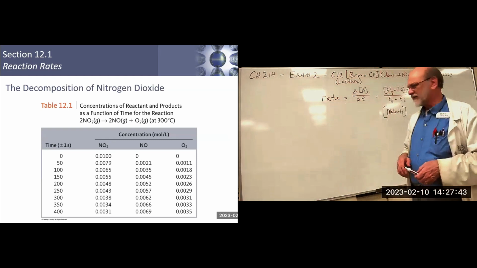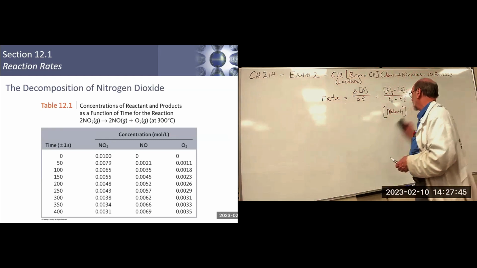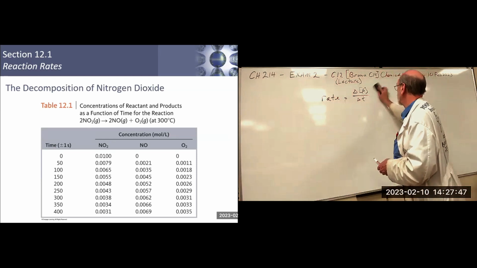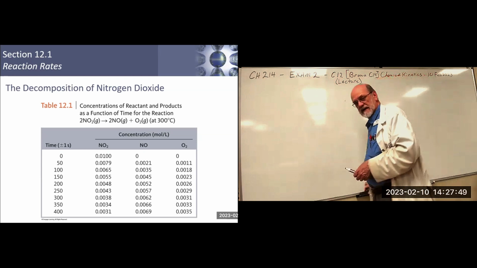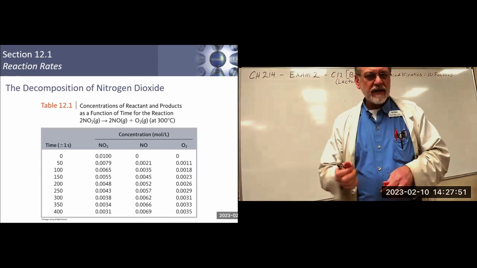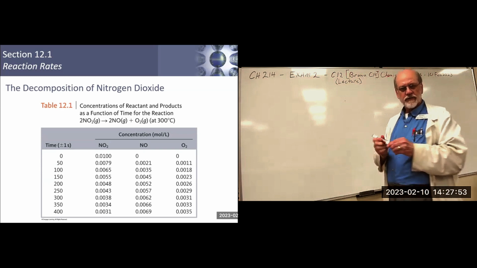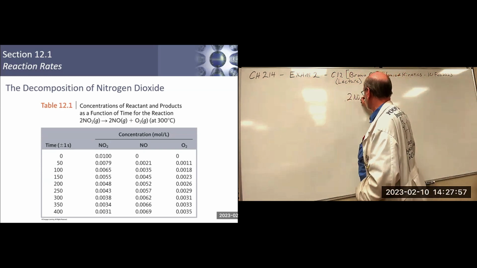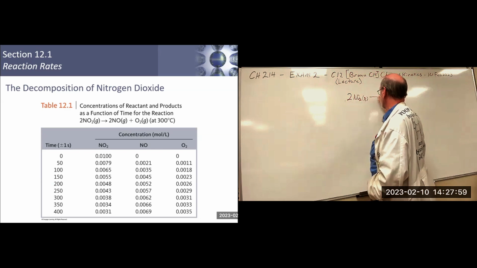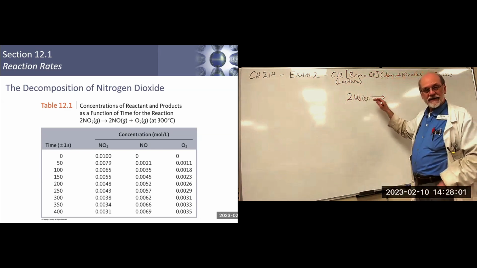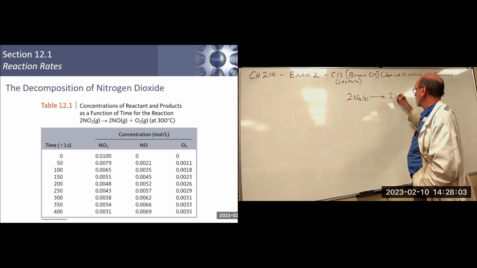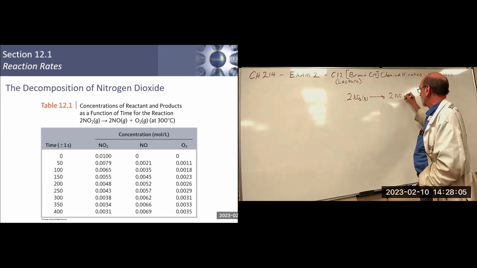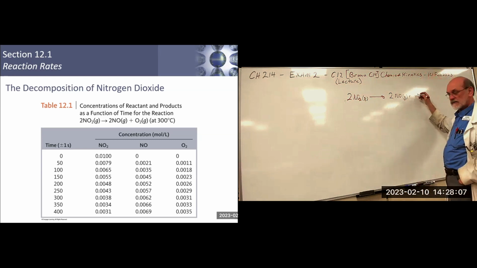Okay, here's a set of data. And what we're looking at is for this reaction where we have NO2, and these are all gases. This one reactant decomposes into two products.